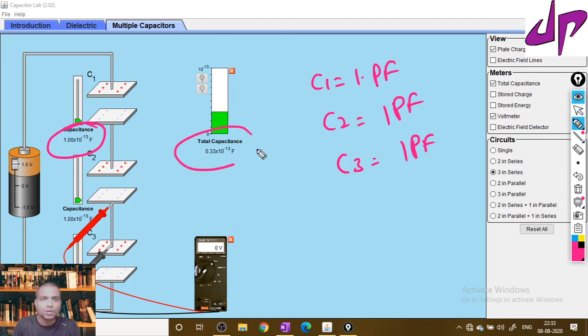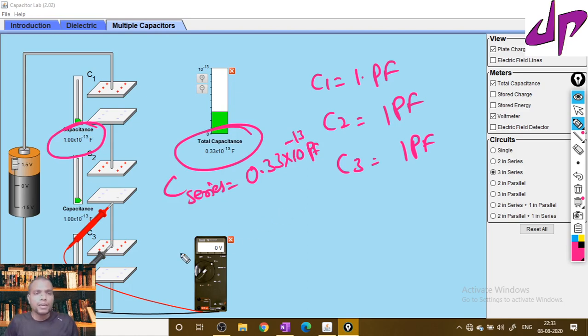Here you can see the total capacitance value for C in series combination is 0.33 times 10 power minus 13 picofarad. So finally, in series combination, the total capacitance value decreases. Likewise we will see the parallel combination.